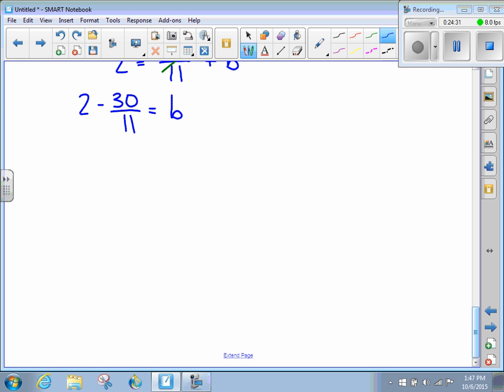You can double check this later with your ABC button, but if I'm subtracting fractions, I need to have denominators that are the same. So they both have to be a denominator of 11. So this would be 22 over 11, since 22 divided by 11 would give us 2. 22 minus 30 would give us negative 8 over 11 equals b.